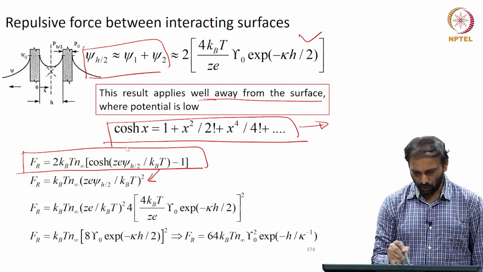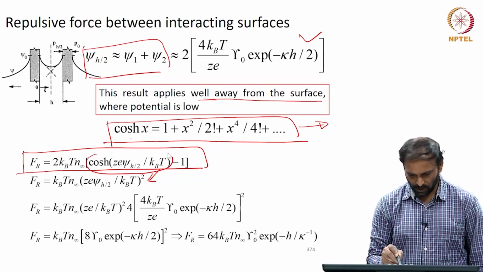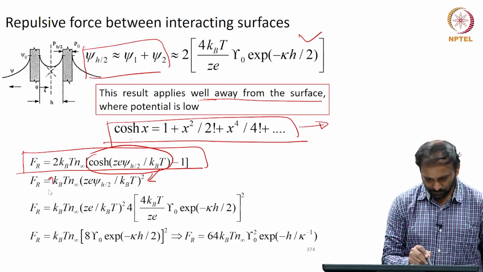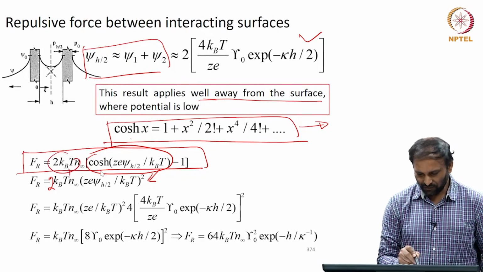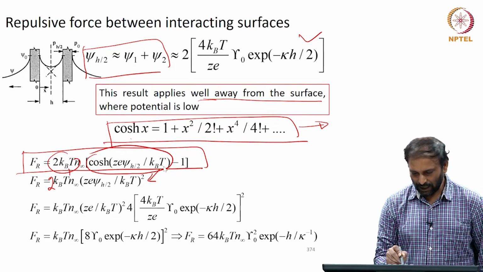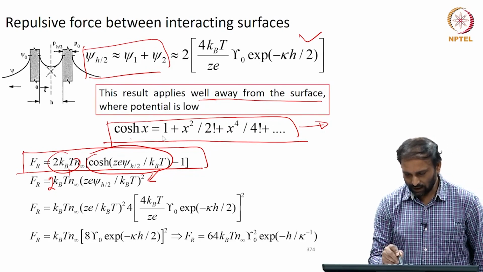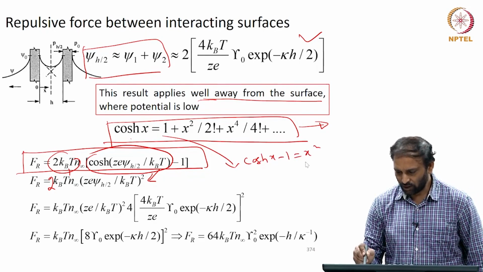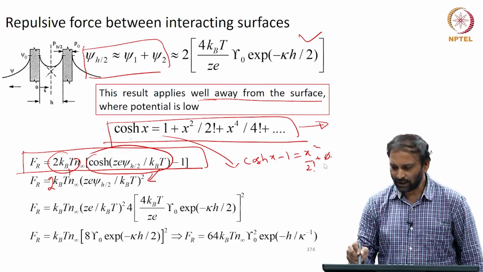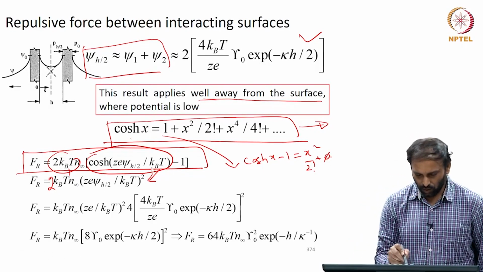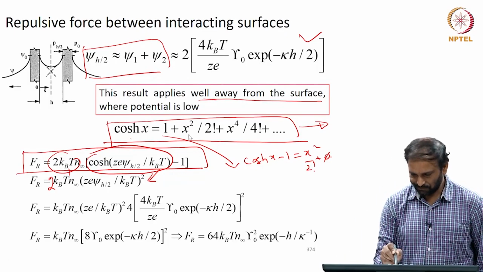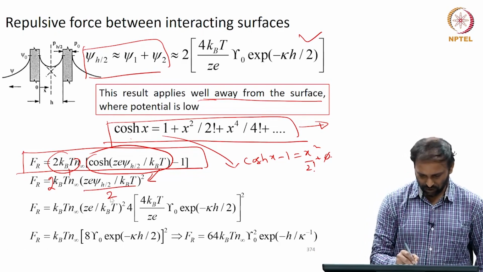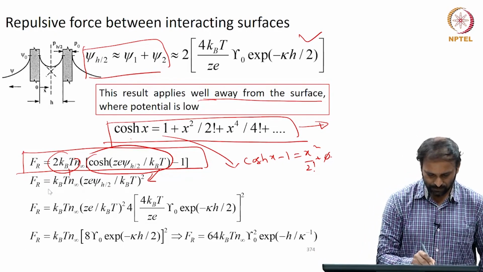So, instead of cosh, I have 2 times kBT, this term, instead of cosh of Z e psi at h by 2 divided by kBT minus 1, I can take cosh x minus 1 is equal to x square by 2 factorial, and I am going to neglect the higher order terms. Therefore, I can write this as this divided by 2, so this gets cancelled. So, I essentially end up with this expression.